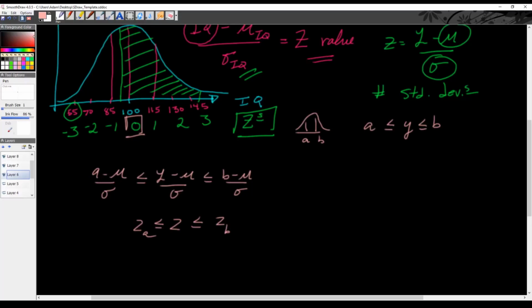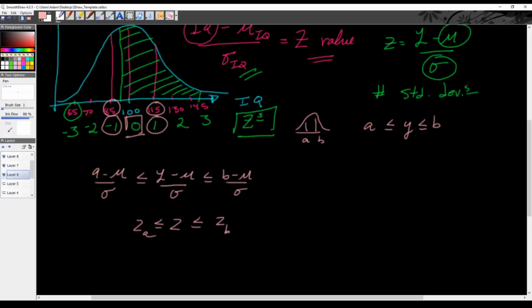Hopefully that makes sense, but basically what we're saying is that instead of looking at this interval 85 to 115, we know that values in this range are greater than or equal to 85 but less than or equal to 115. Well, we can map that to -1 to +1.